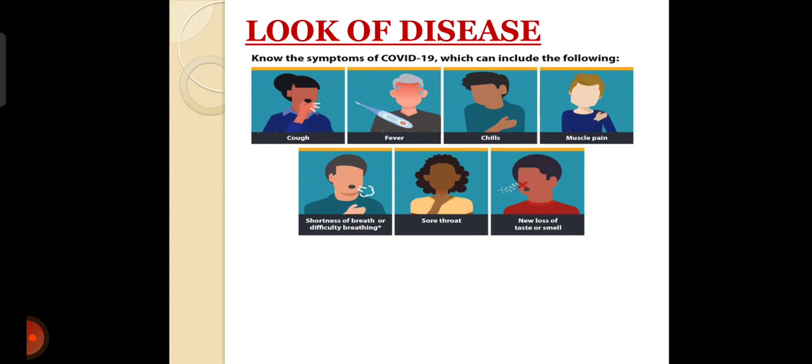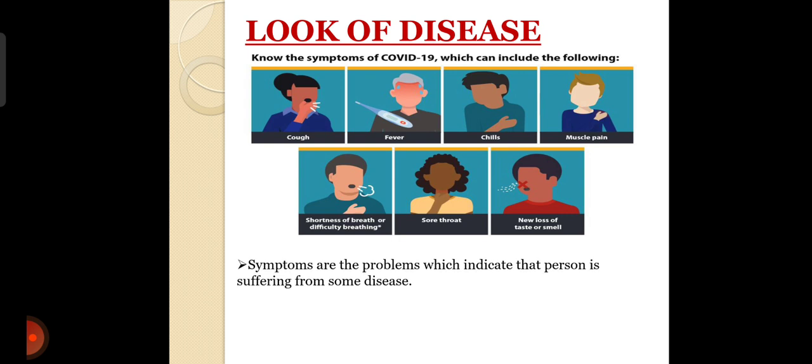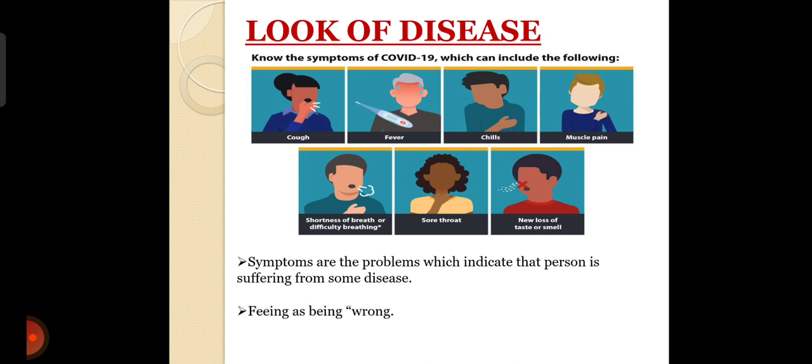These are the symptoms which can indicate a particular disease. So what do you mean by symptoms? Symptoms are the problems which indicate that the person is suffering from some disease. Feeling as if something is wrong.